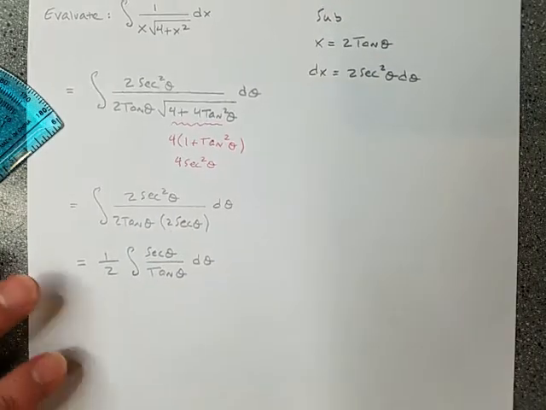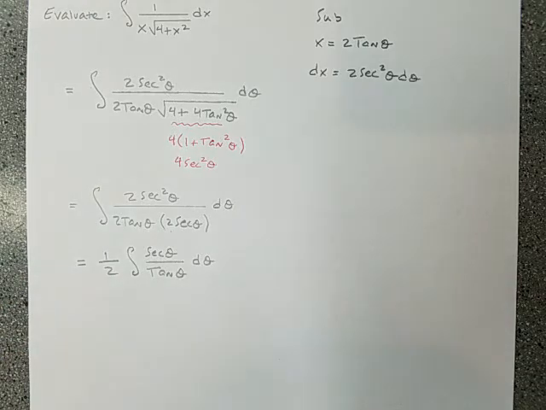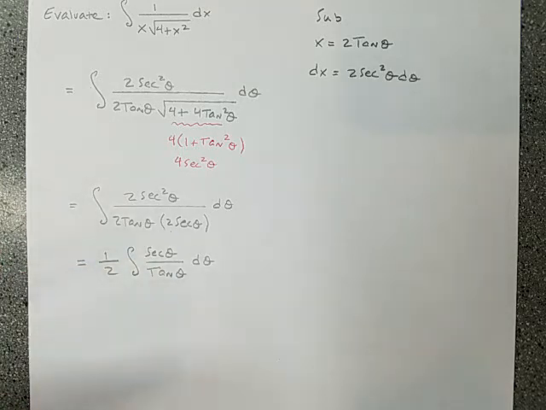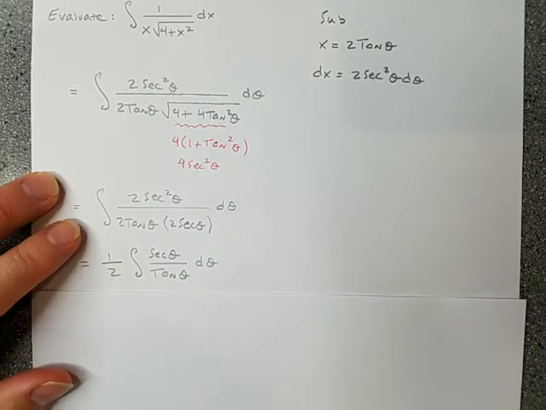Okay? And all right, where are we going? Ultimately, what's the goal? To get this in a term that you can work it. To see something there that you recognize that you can work somehow. Okay? All right, so are we there yet? Like, do you know what the antiderivative of secant over tangent is? Maybe you do. I mean, I'm sure there are people that can look at that and just know the answer. Probably you don't, though.